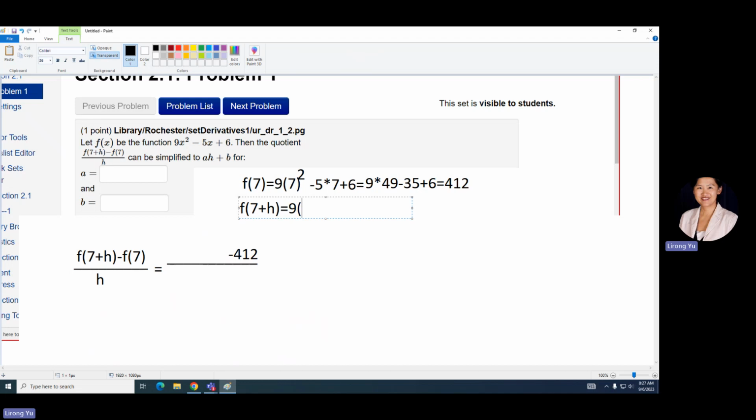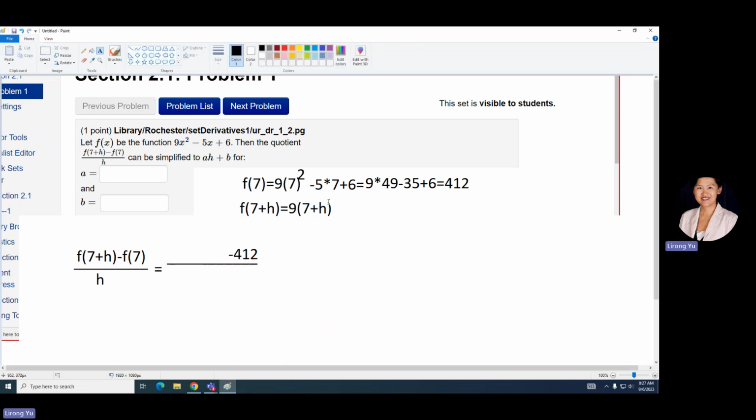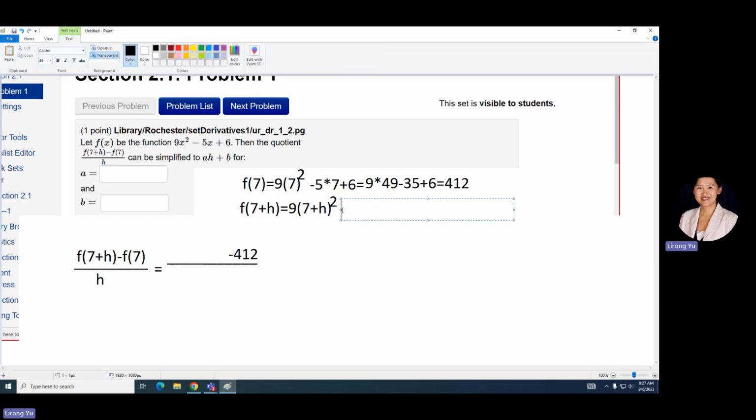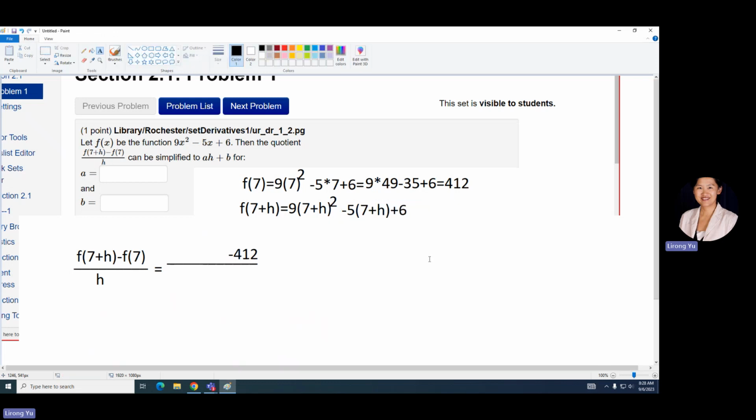This is going to be 9 times 7 plus h squared minus 5 times 7 plus h plus 6. It's really x replaced by x plus h: 9 times x plus h squared minus 5 times x plus h, then plus 6. You should do 7 plus h, since x is 7 here.